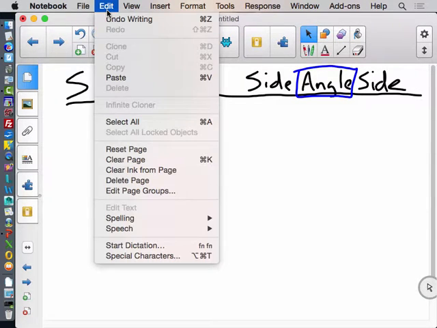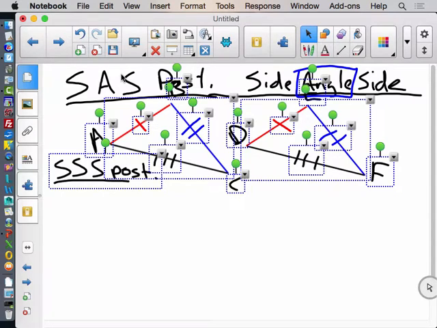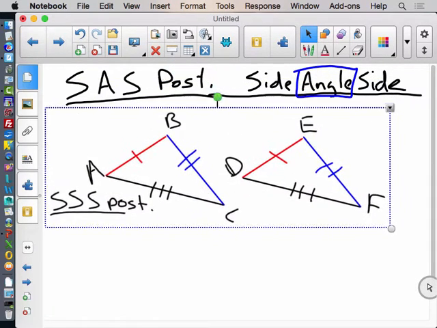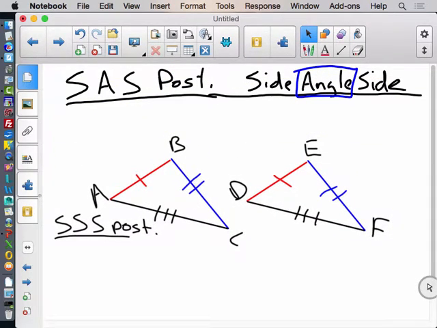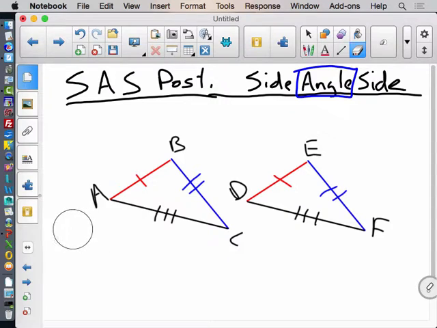All right, so same type of triangle, right? But now, what I mean by that is, let me give you an example. We know that this angle is congruent to this angle.